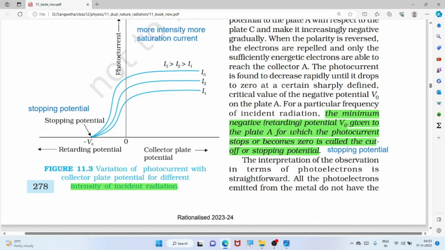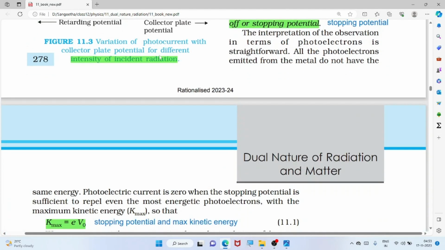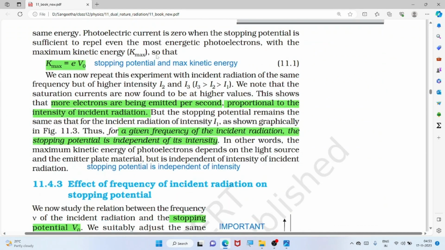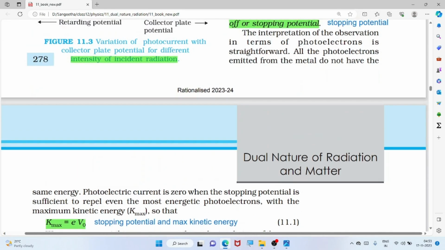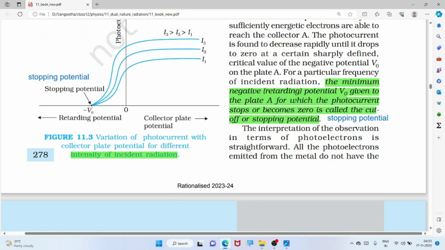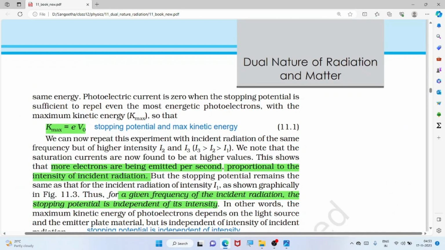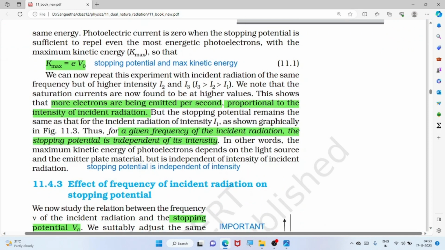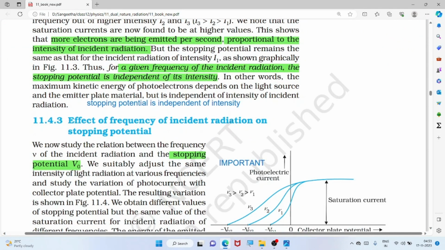More intensity, more current, nothing to do with the frequency. So this is how the stopping potential is related to the kinetic energy of the electron, multiplied by the charge of the electron, e, 1.6 into 10 power minus 19.